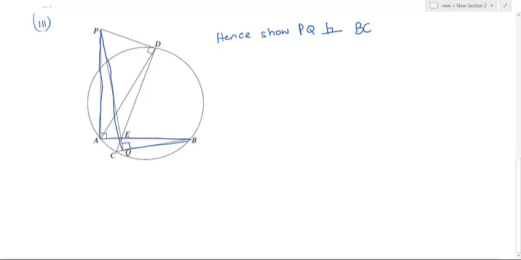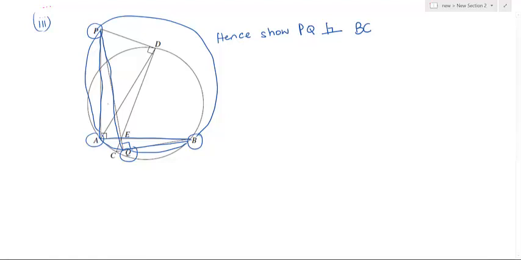If I can prove that this angle here, PQB, is equal to PAE, only angles lying on the circumference can make that butterfly shape. So we need to show that A, P, B and Q all lie on the circumference of a circle, so they are indeed cyclic.